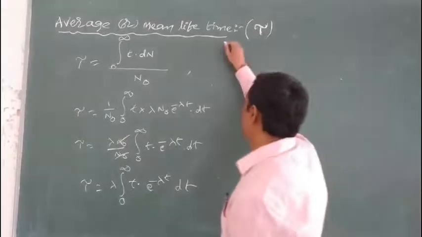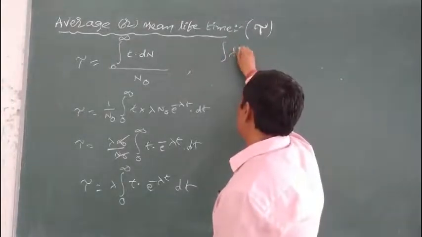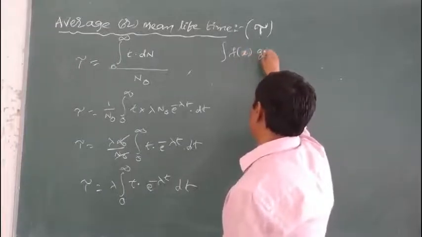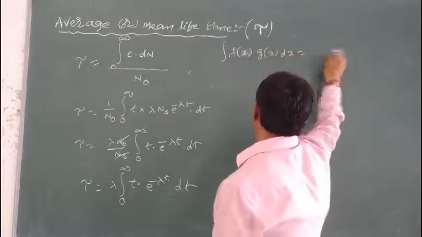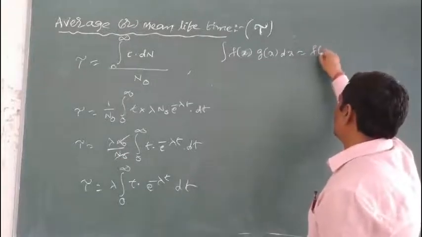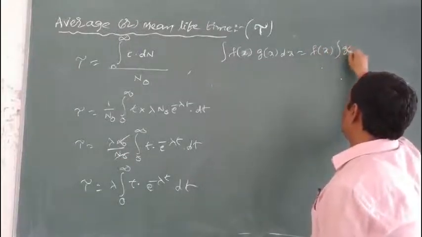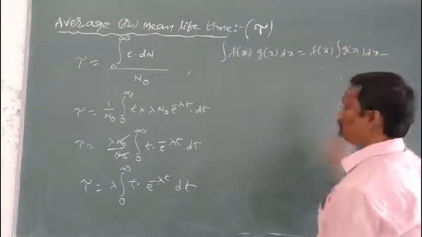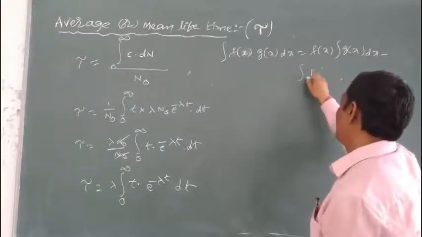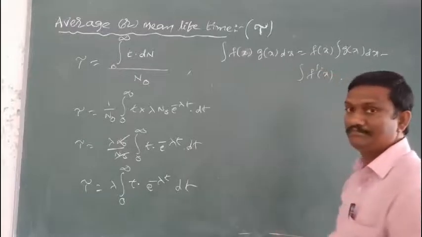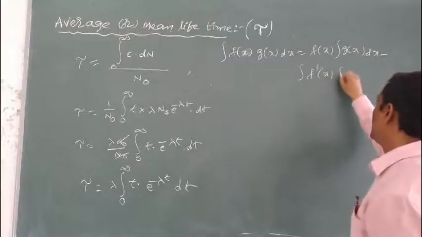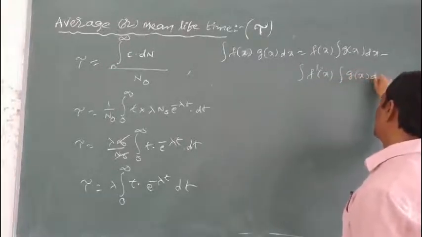In integration by parts, one formula is there: the integral of f(x) g(x) dx is equal to f(x) times the integral of g(x) dx, minus the integral of f'(x), the differentiation of the first term, into the integral of g(x) dx.